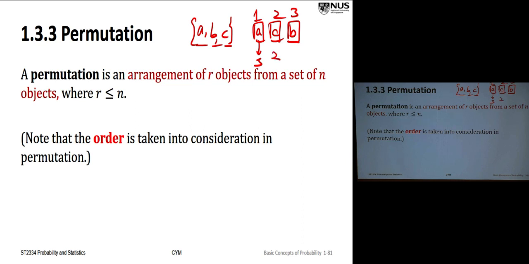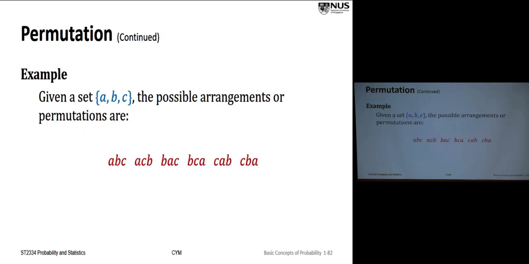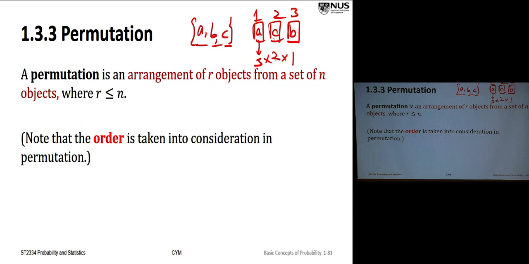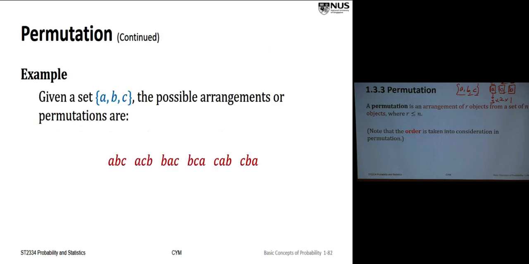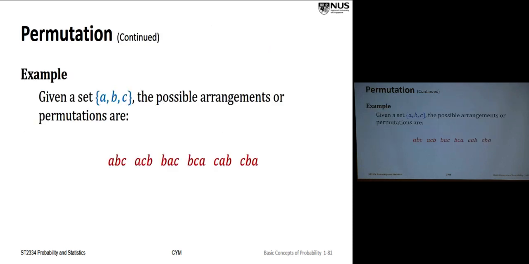So there are 2 ways to do it. For any one that you put here, there are 2 other choices that you can put in the second box. And finally, you have 1. So multiply them together. So that is how you do it. So there are altogether 6 ways. In fact, these are the 6 ways to arrange 3 objects, A, B, C.